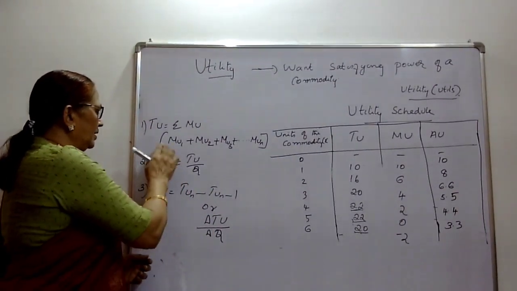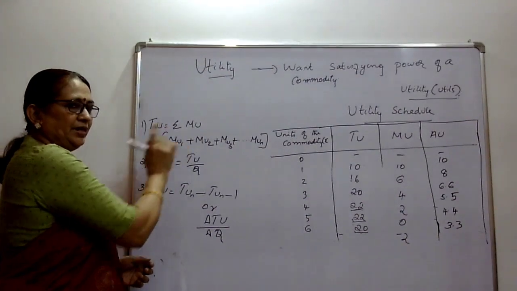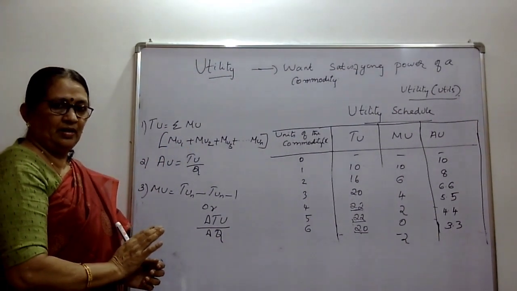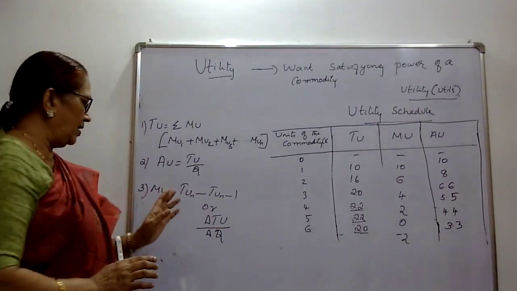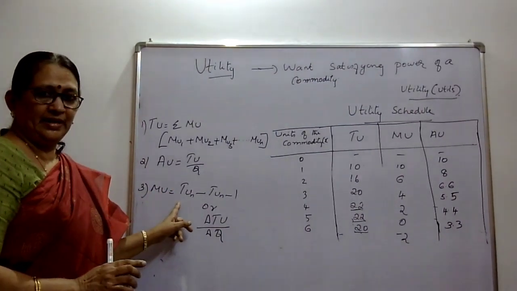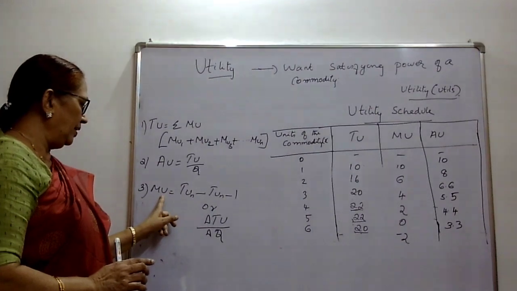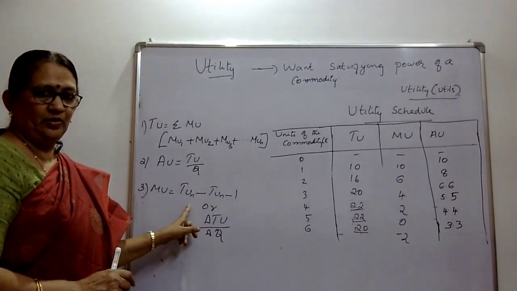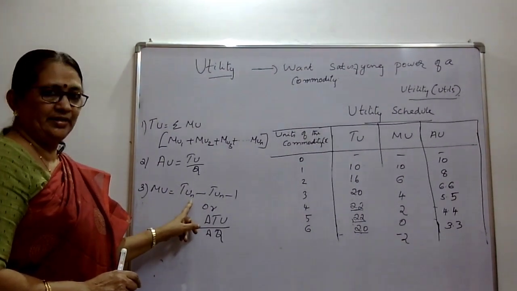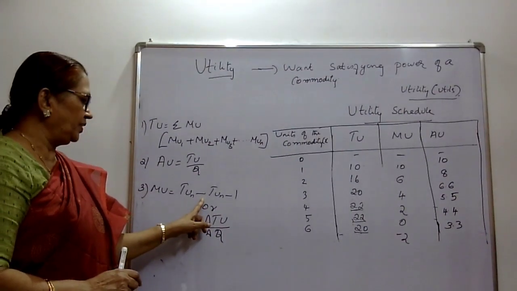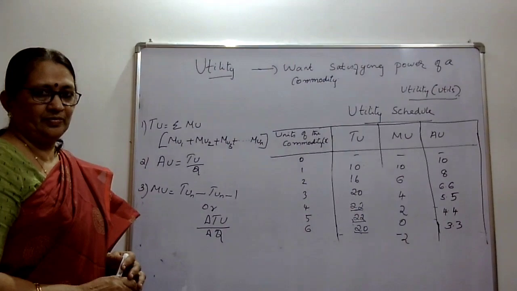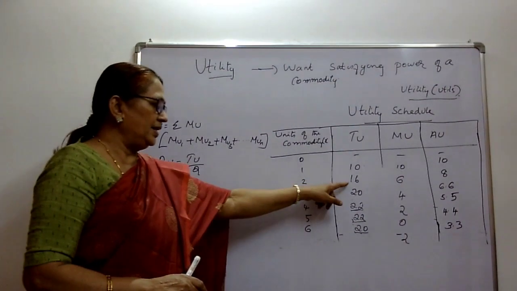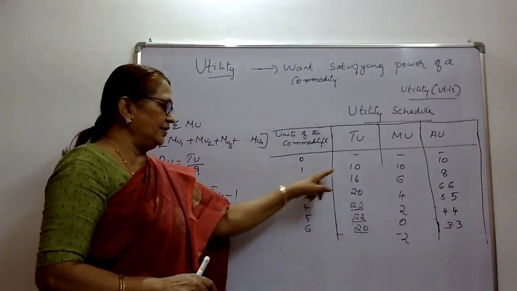So, if total utility is sigma MU, how did we calculate marginal utility? What is the formula for that? Marginal utility is equal to total utility of the nth unit minus total utility of the n minus 1 unit. How did we calculate it? 16 minus 10.